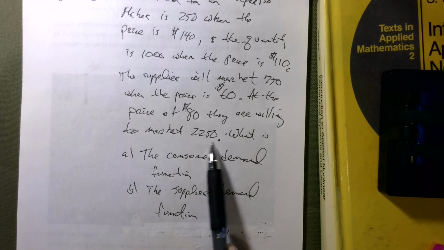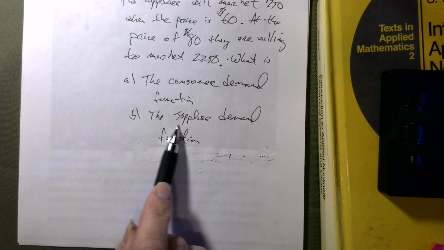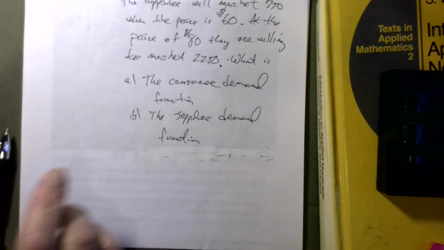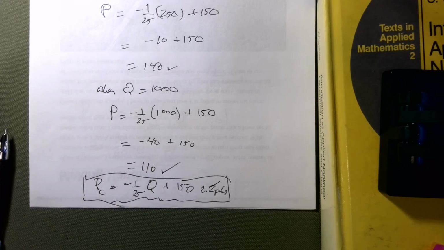I could produce more. And so the question is, what is the consumer's function and what is the supplier's function? What that means is we're just going to be looking for a straight line. But I suspect that one of them has to have a negative slope and one has to have a positive slope.